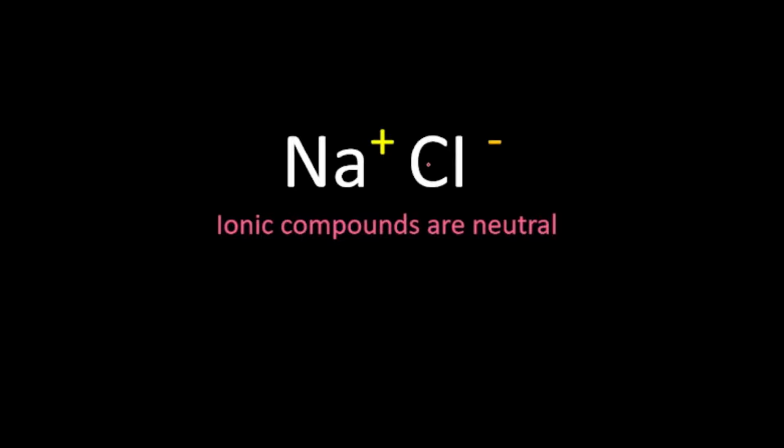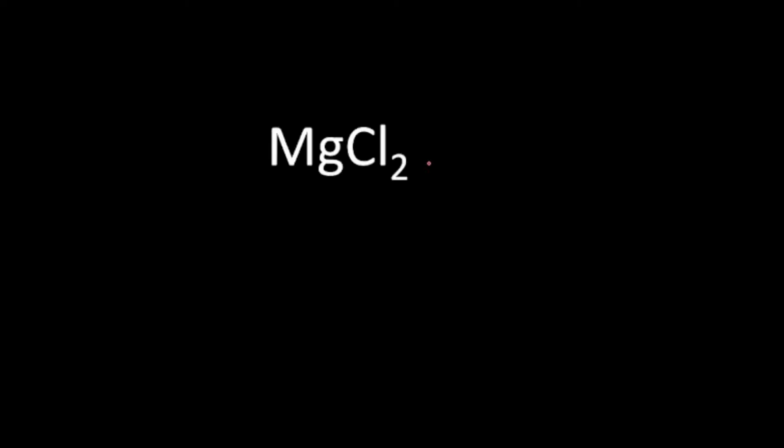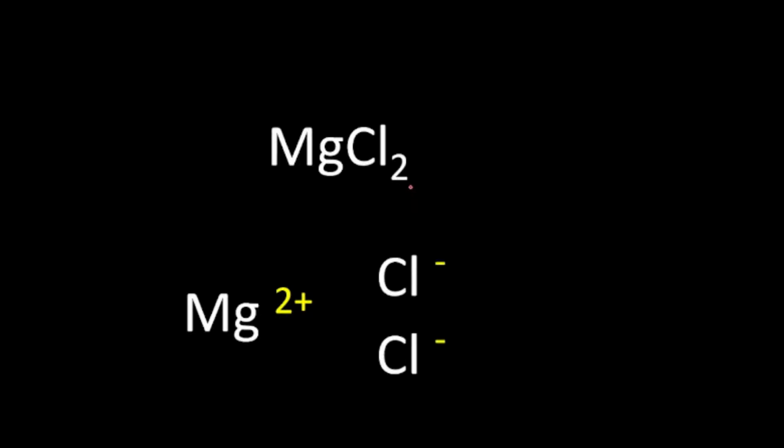Let us check this by taking another ionic compound, that is magnesium chloride. Magnesium chloride is formed from Mg2+ ion and two chloride ions, that is Cl- ion with one negative charge. So when this Mg2+ ion and these two chloride ions combine together, ionic bonds are formed to form magnesium chloride.